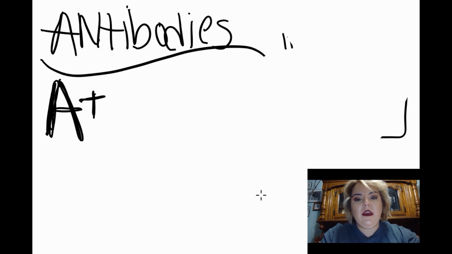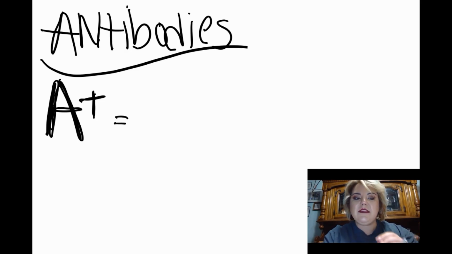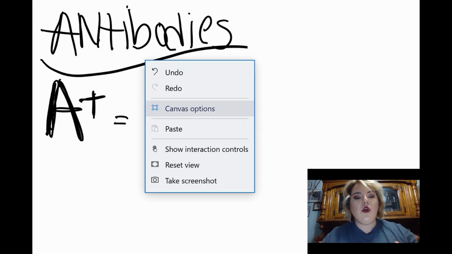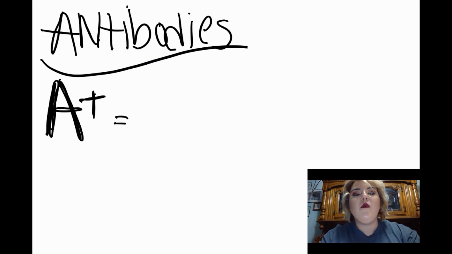So keeping that in mind, if we have A positive blood, which means that we have the A antigen and the RH antigen, we're going to develop antibodies that will fight off B blood.